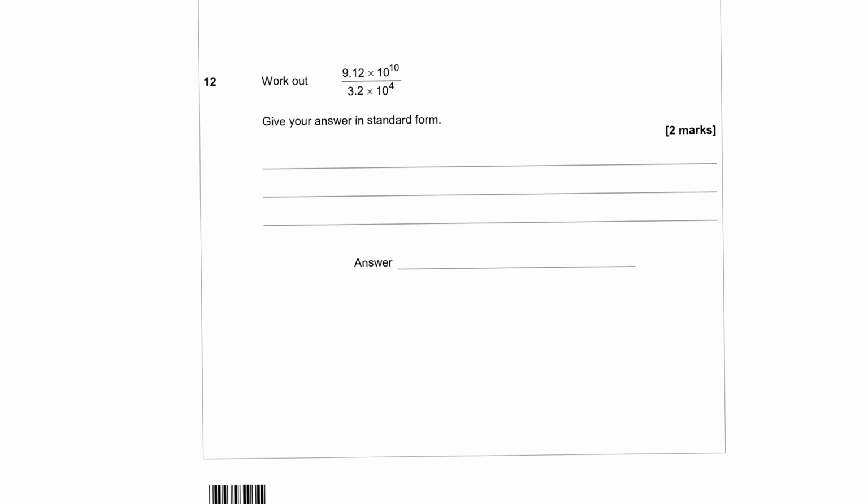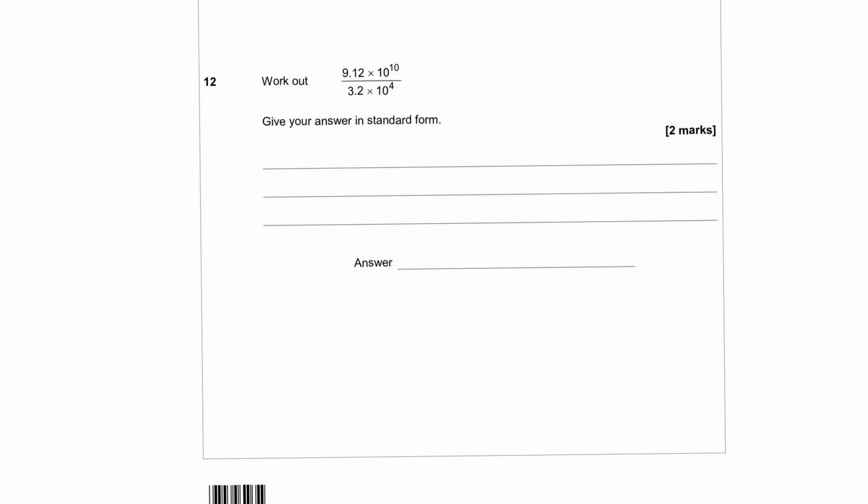And then question 12 is to do with standard form. There is a way of working out standard form without a calculator, but because it's a calculator paper, and usually without a calculator it wouldn't involve so many decimals, I would literally put it into the calculator as it's shown, which is 9.12 times 10 to the power of 10 divided by 3.2 times 10 to the power of 4.